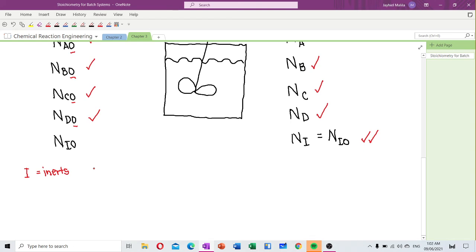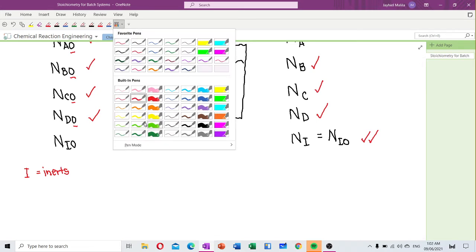Of course, the conversion in this case will be based on the limiting reactant, which is component A in this case.